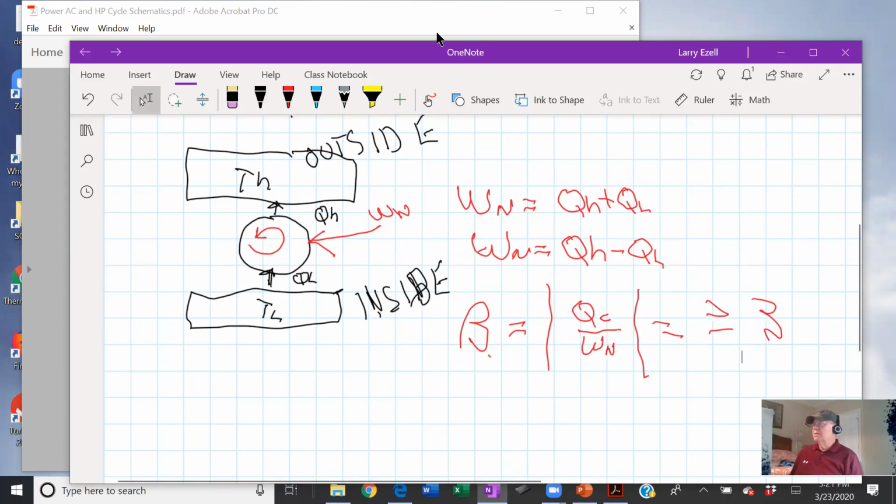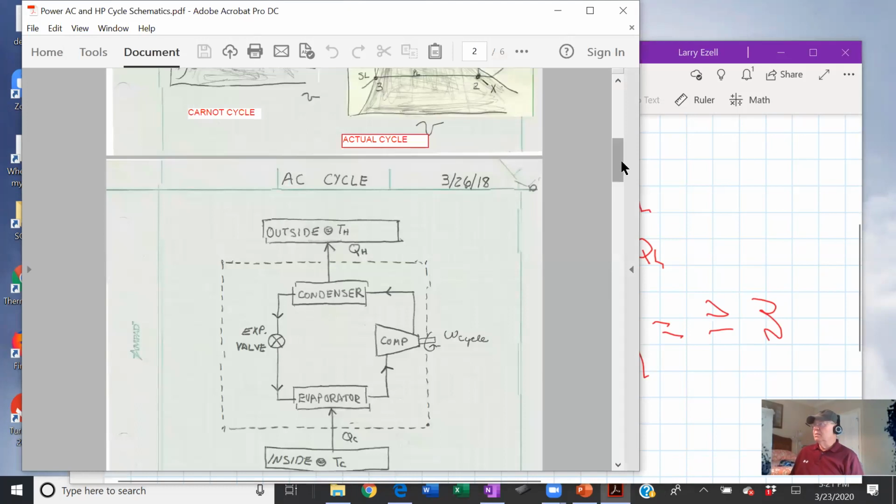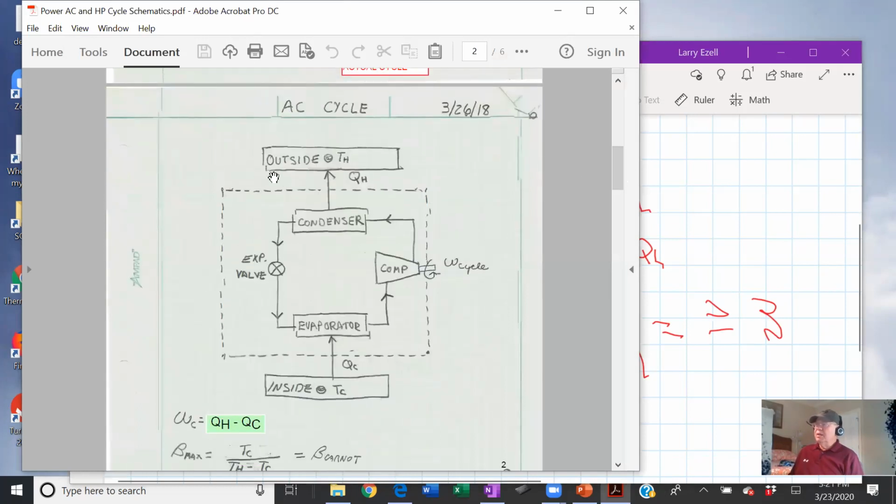Now let's go back. So I'm just showing you that little circle. That's what's in that circle. It has four components: an air conditioning or refrigeration system, at least a vapor compression cycle.